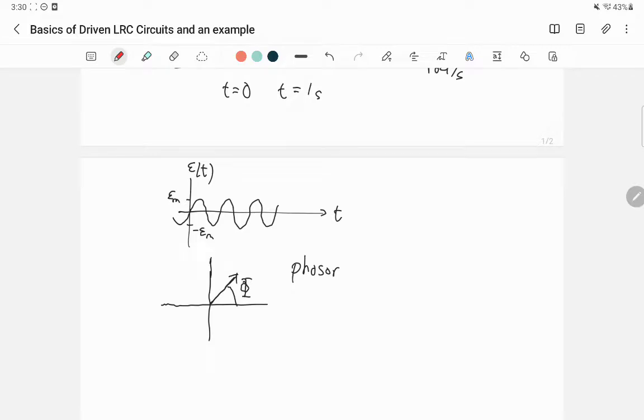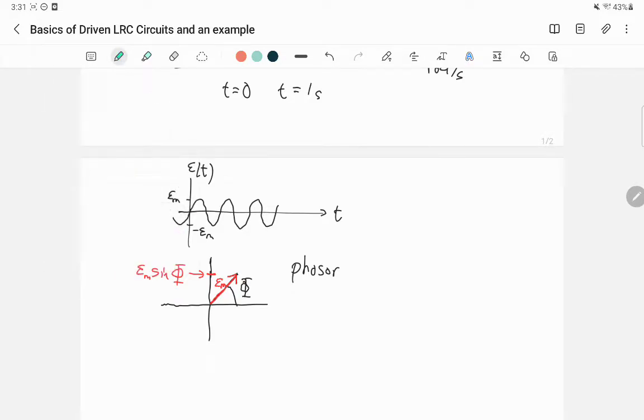Okay, so what I'm going to do is redraw this phasor in red like this, and I'm going to pick out where the projection of this arrow is on the vertical axis. And if this thing has a length of E sub m, then can you see that this thing right here is E sub m sine of this angle, right? All you've got to do is draw your little triangle.